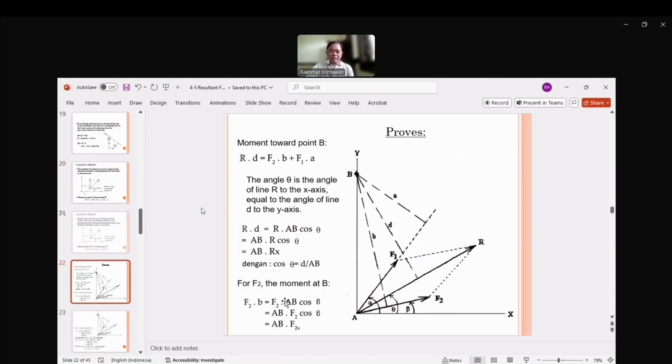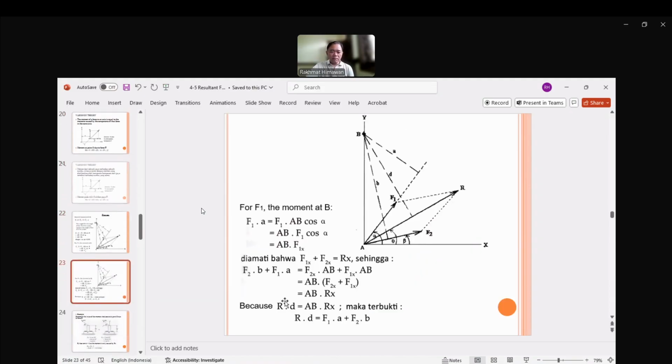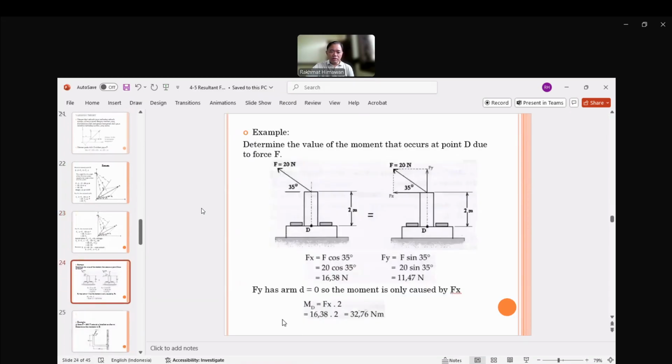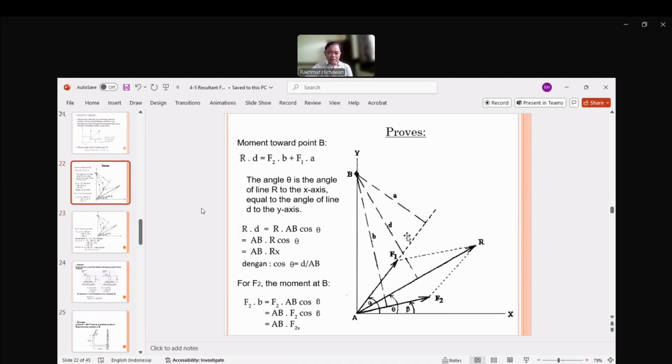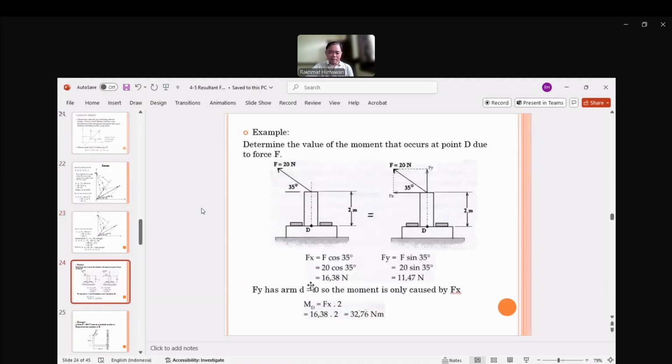I think I skipped this proof. It's up to you if you want to learn it, but the most important thing is this will not be asked in an exam, I think. But here, an example, a different method than before. We just decompose this force and find the moment M. For Fy, the force goes through point D, the point that we want to look at.